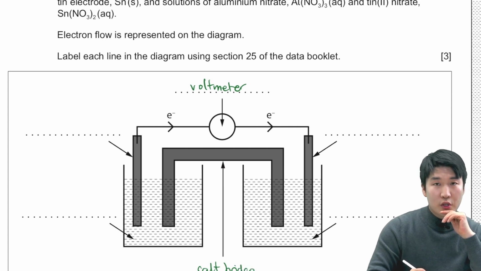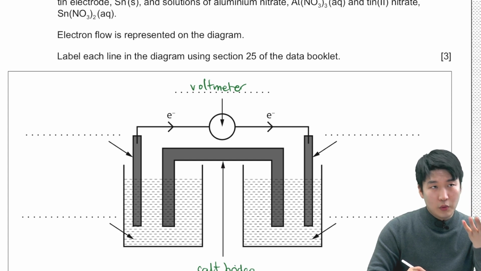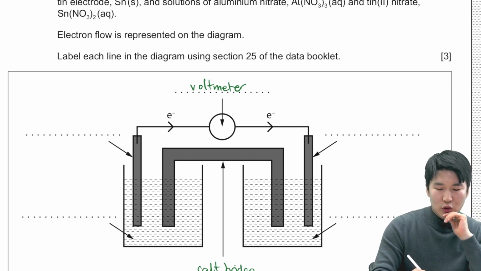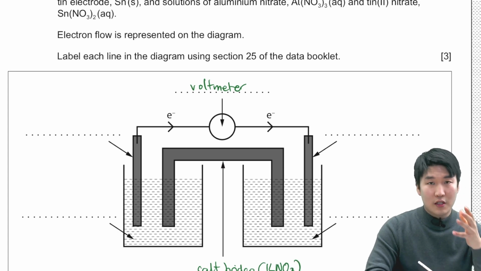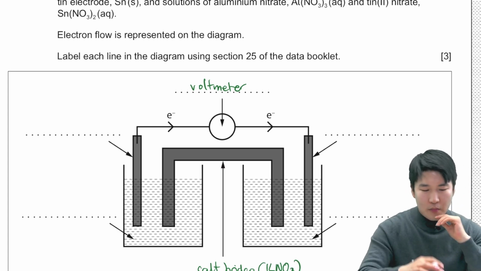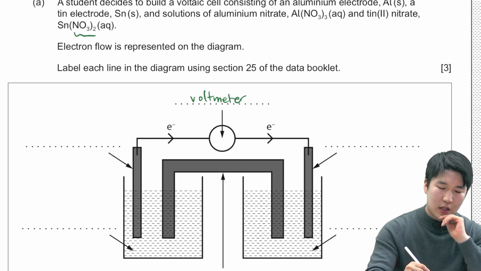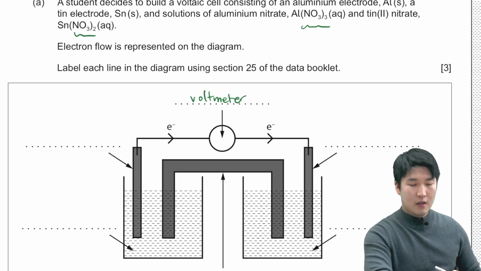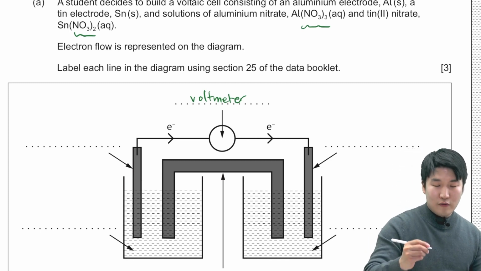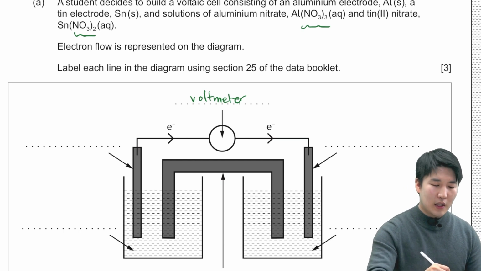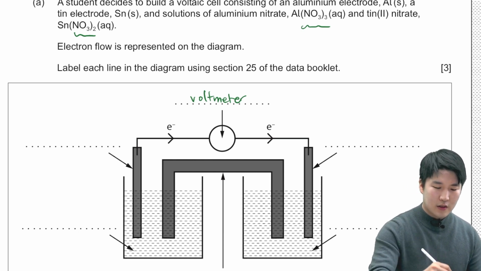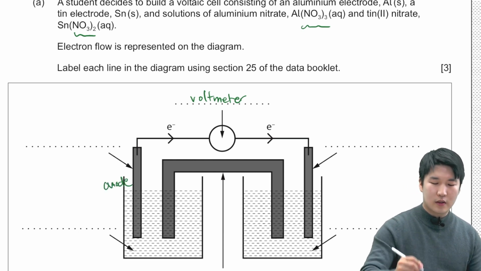A typical salt bridge is going to be potassium nitrate, and we want to use potassium nitrate in this case because the electrolytes of anode and cathode both contain nitrates, tin nitrate and aluminium nitrate. Electrons flow from the anode to the cathode, meaning on the left we have the anode, on the right we have the cathode.